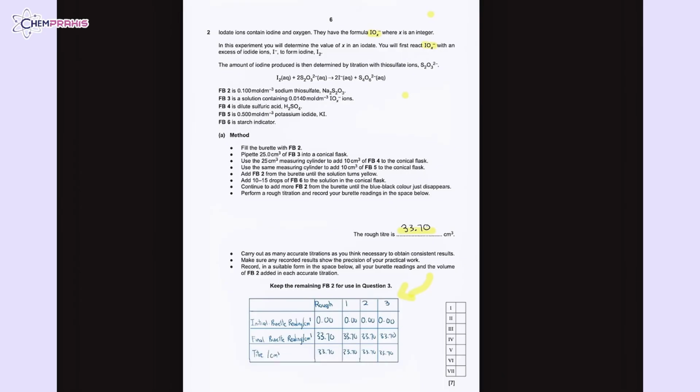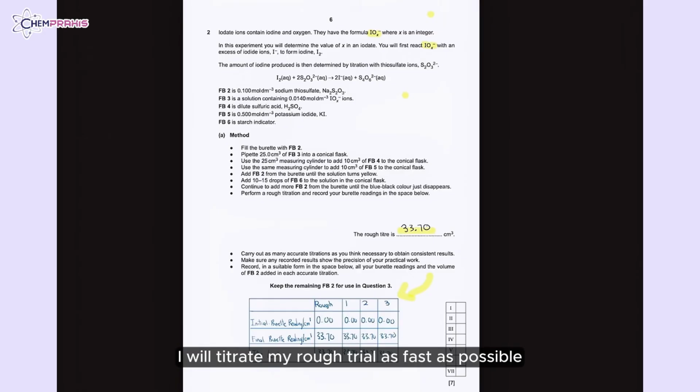However, what I would do is titrate my rough trial as fast as possible to immediately get yellow. Let's just say I rushed my rough titration and I got 40 cm cube and I got yellow. That is definitely exceeding the correct answer, but it's fine.